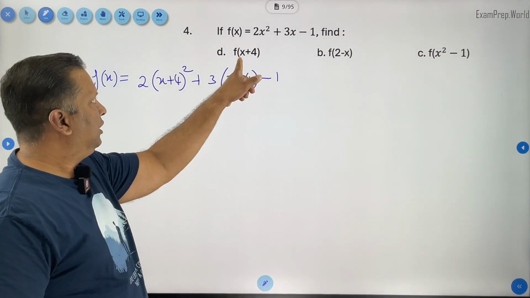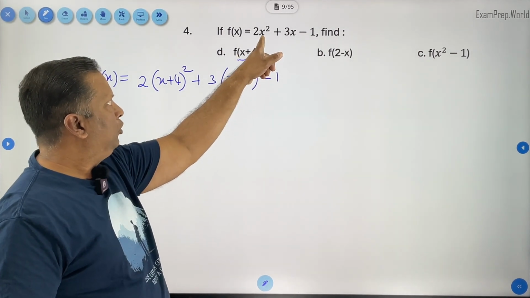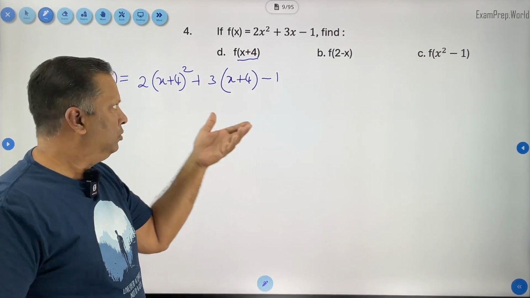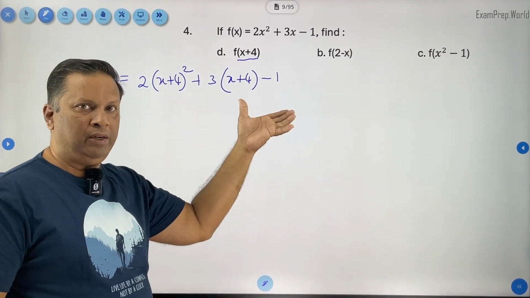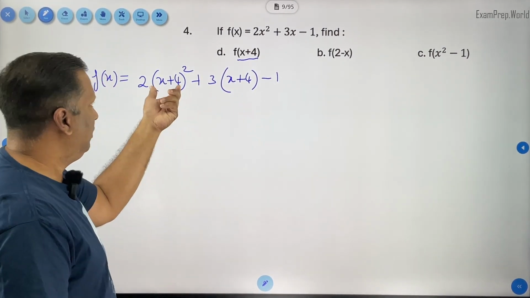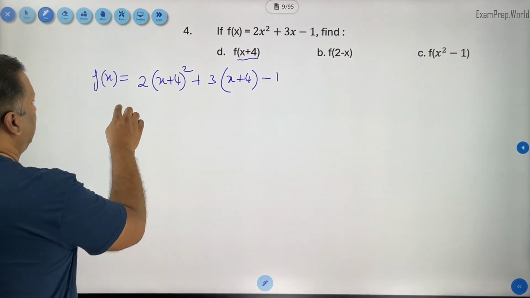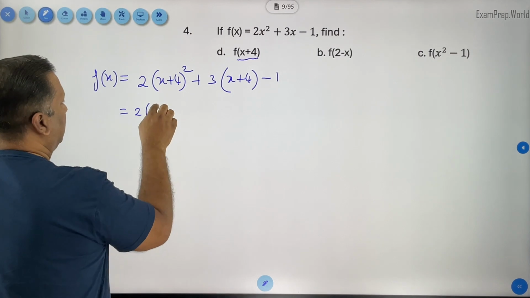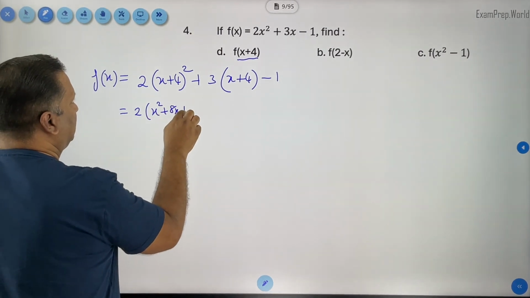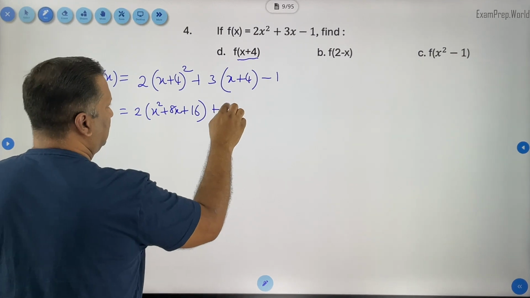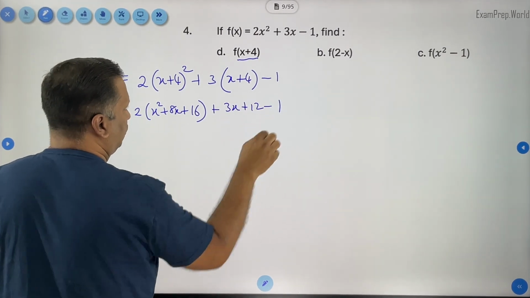I have just taken x plus 4 and input this value instead of x. Now what do we have to do? Obviously we have to expand this bracket and simplify. So expand: a plus b whole square is a square plus 2ab plus b square. So it becomes 2 times x square plus 8x plus 16, multiply them, 3x plus 12 minus 1.